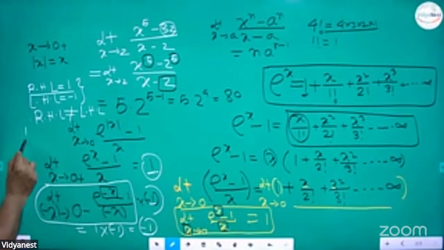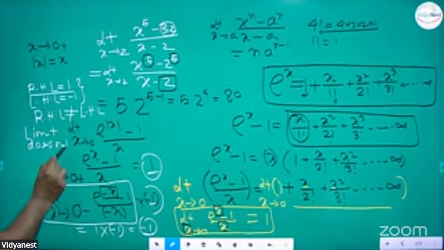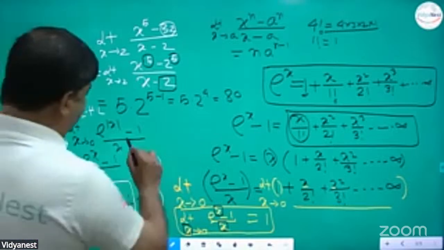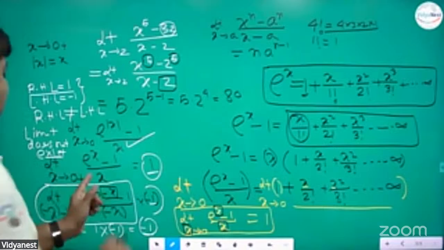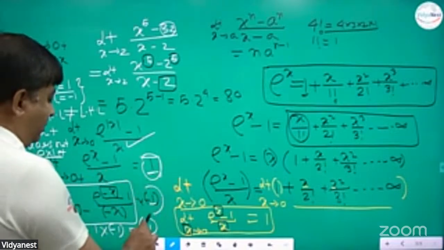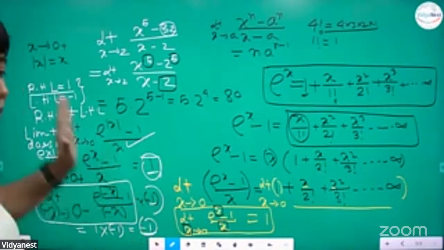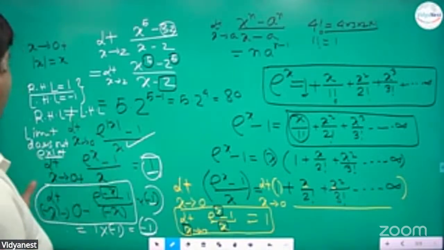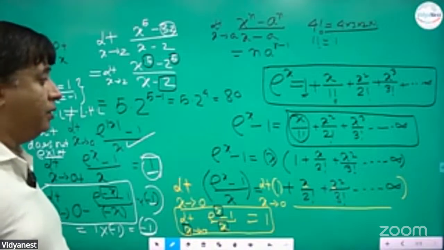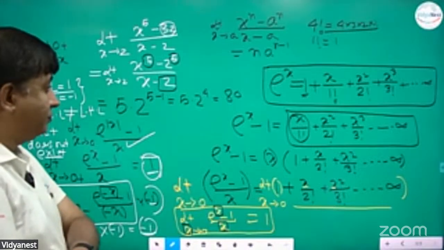So, the limit does not exist. So, no point in finding the value of this limit, because it is examined that the right-hand limit is 1, the left-hand limit is minus 1. They are not equal. So, we will not find the value of the limit. Limit does not exist. Okay?